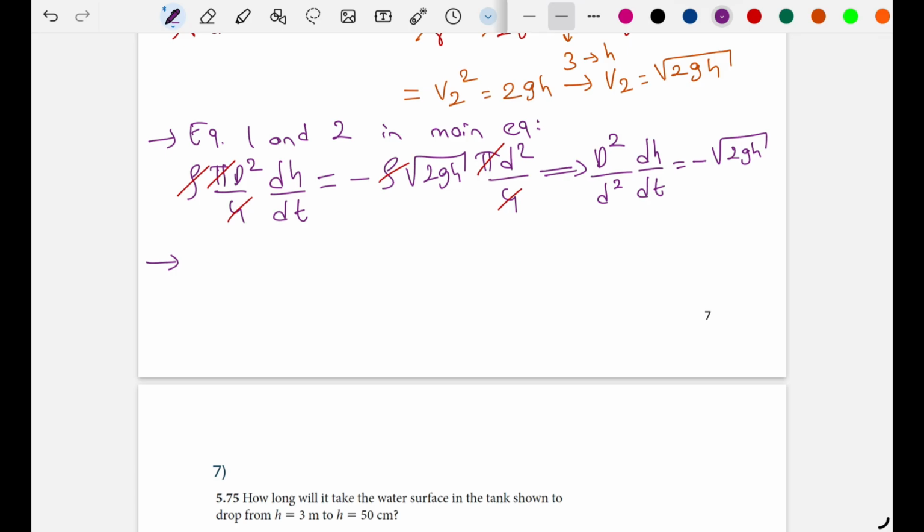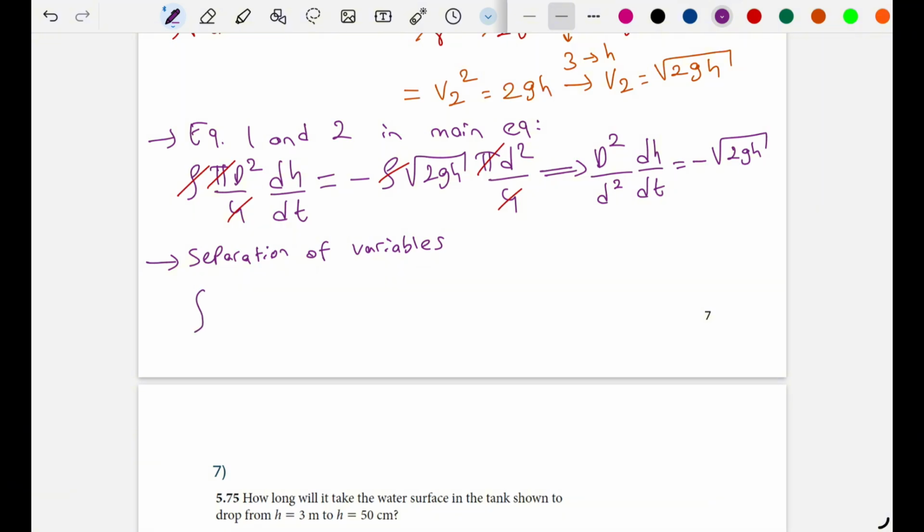So we can apply separation of variables so that we will keep h terms on the left hand side and t terms on the right hand side, and then we are going to integrate these terms.